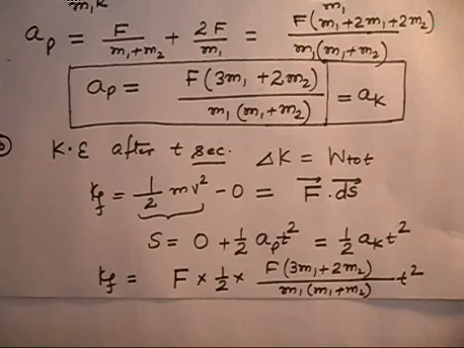Acceleration of point P we have already found in the first part of the question. That is the total force divided by total mass. Total force, external force is F. Total mass is m1 plus m2, that is the acceleration of center of mass, plus alpha times r. Alpha is the torque divided by moment of inertia.